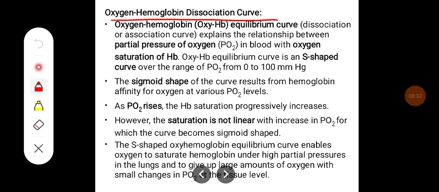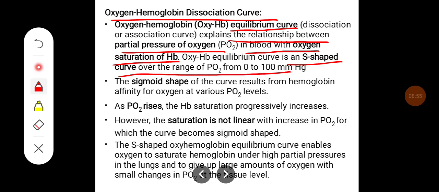Oxygen hemoglobin dissociation curve. The oxygen hemoglobin dissociation or equilibrium curve, or association curve, explains the relationship between partial pressure of oxygen in the blood and the oxygen saturation of hemoglobin. The oxyhemoglobin equilibrium curve is an S-shaped curve over the range of PO2 from 0 to 100 mm of Hg.